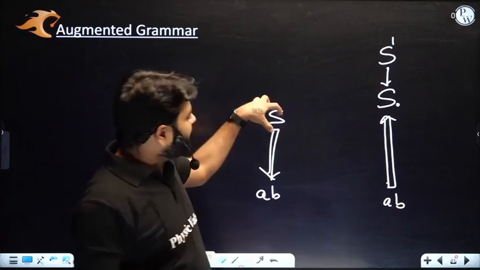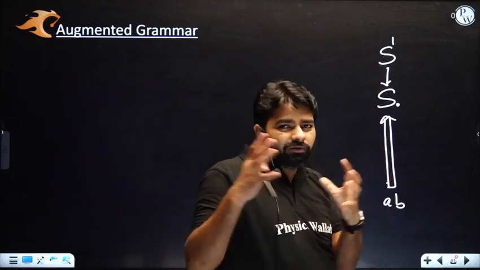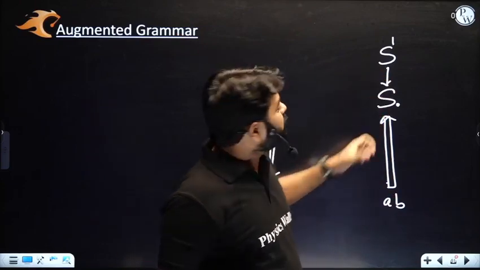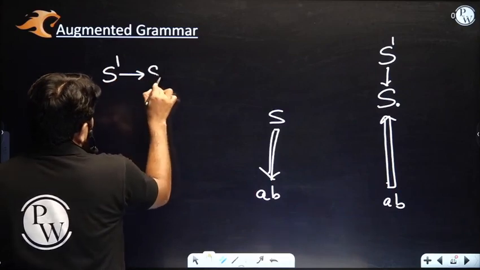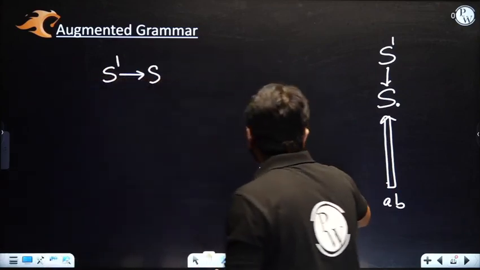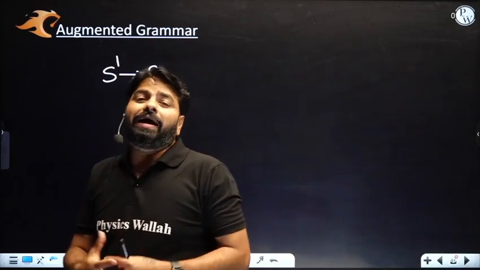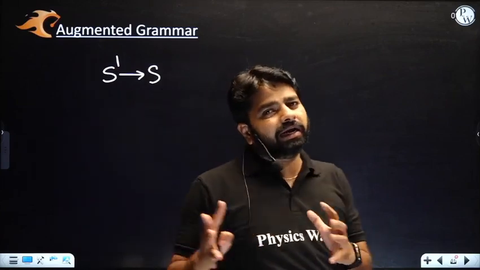But in top-down you start from S, so you do not need S dash. In bottom-up, we take the program and try to convert it into S. So, this production, S dash derives S, is a special production which helps us to accept the given input, to understand whether the given input is syntactically correct or not.